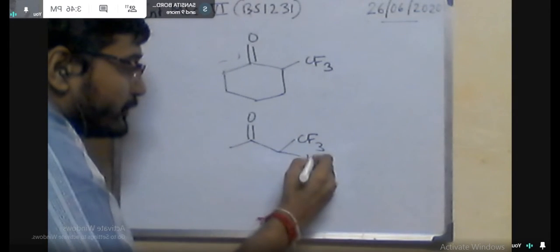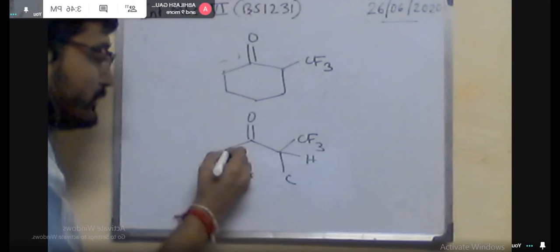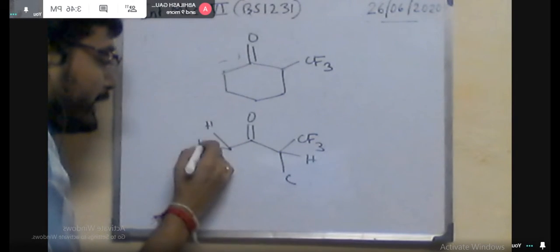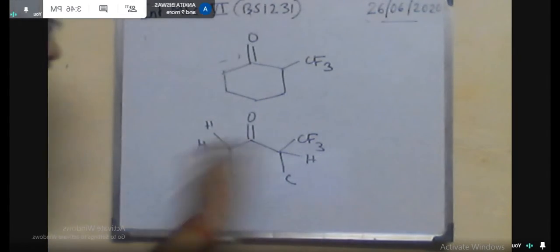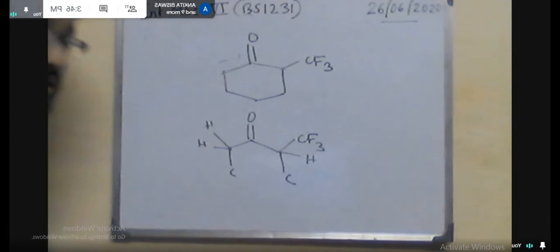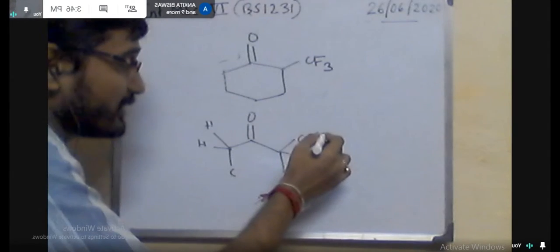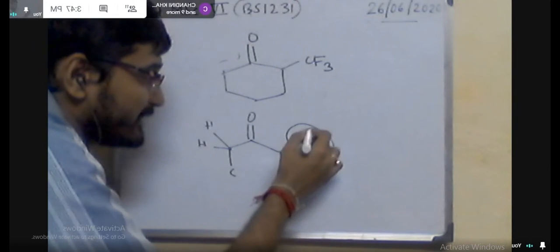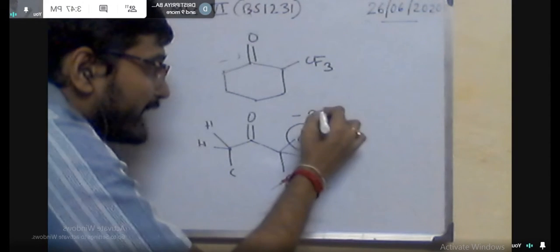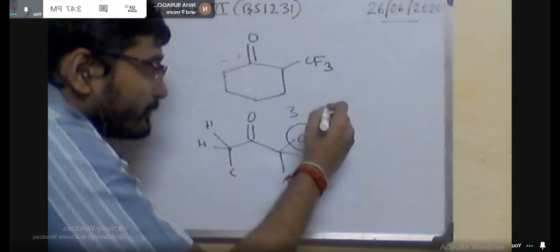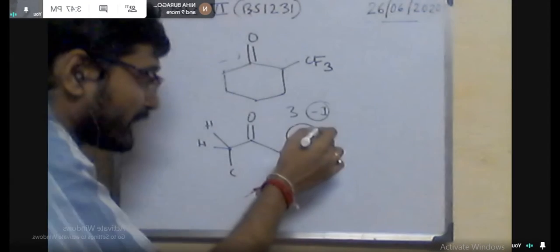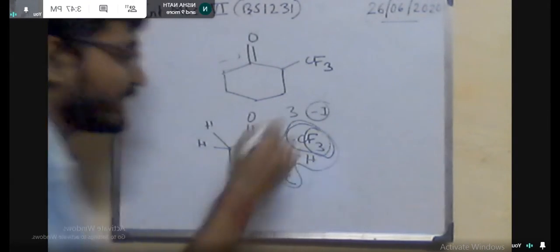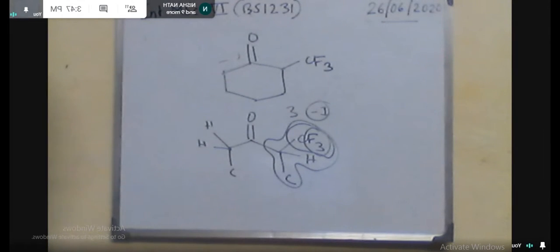So, by Baeyer-Villiger oxidation, you will get the structure. Now, in this case, the new carbon oxygen bond, that means the ester bond, will form on this side, not this side. So, the structure will be O, say 1, 2, 3, 4, 5, 6. Now, this is the 6, this is migrated, 5, 4, 3, 2, this is the 1, and here it is the CF3.